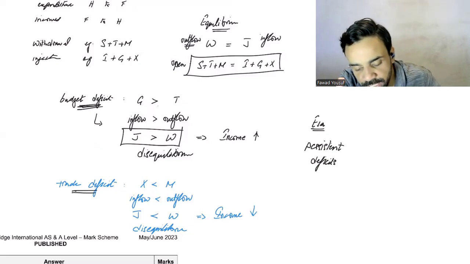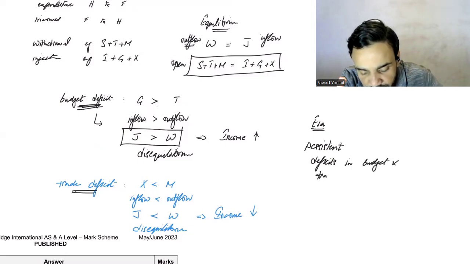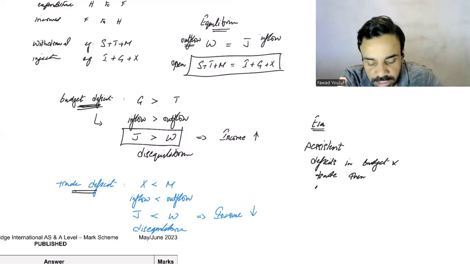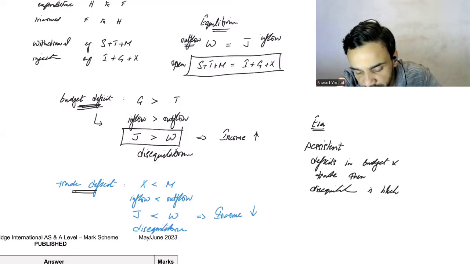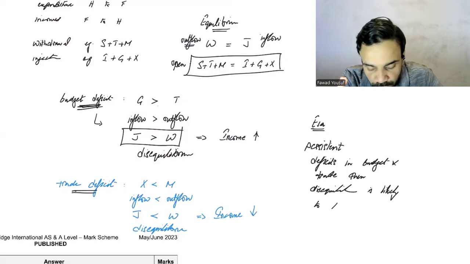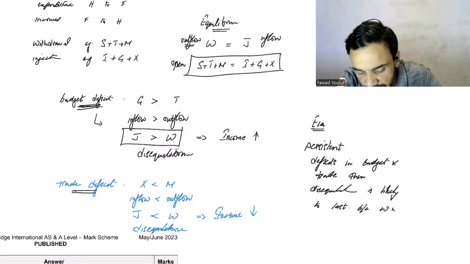So if you have persistent deficits in budget and trade, then disequilibrium is likely to last because the withdrawals and injections are not equal.